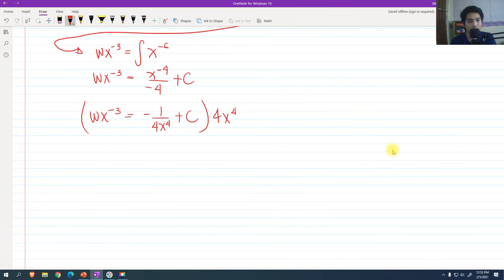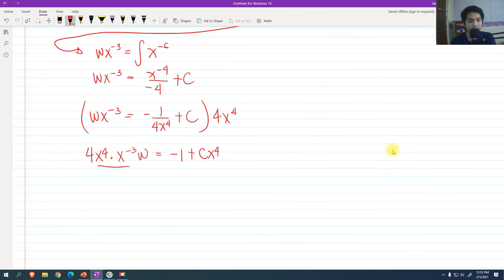So we have 4x raised to 4 multiplied by x raised to negative 3 multiplied by w, and then we have negative 1 plus c x raised to 4. 4 times c is still c, so we need not include the 4c. So it's still plus c x raised to 4, but we have to include the variable.